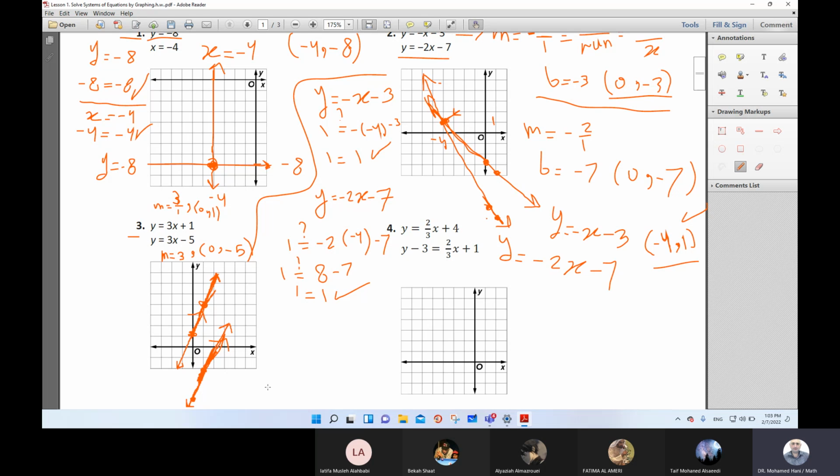As you see here, we have parallel lines. No common points between them. It means no solution. So we can write here no solution.